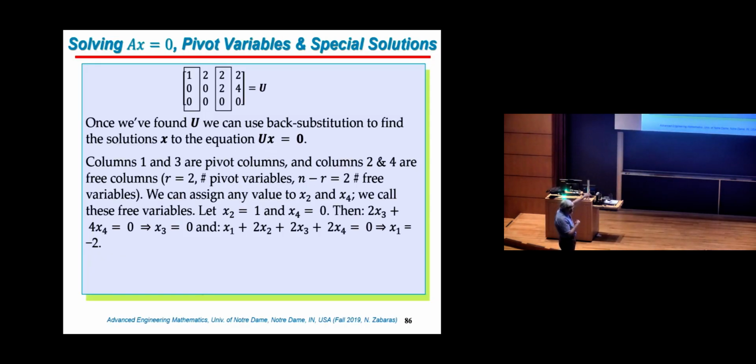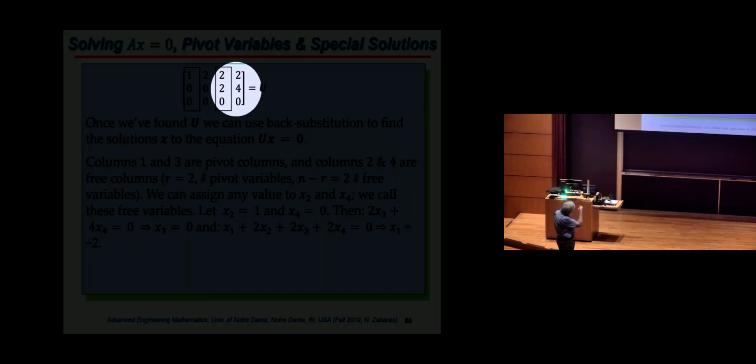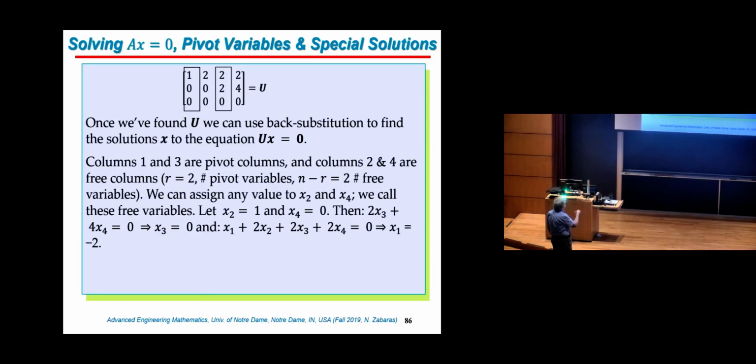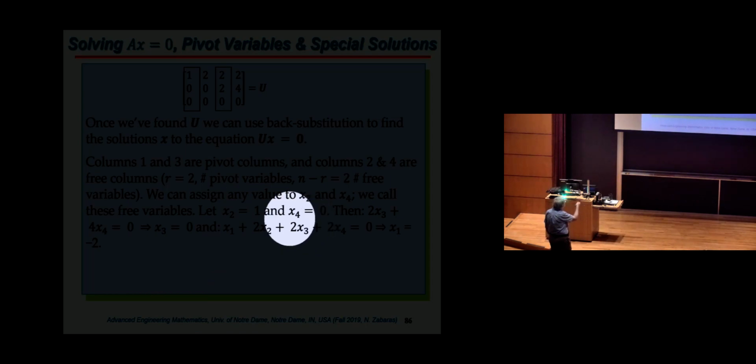We're not going to do it on this problem because we're interested in the solutions of the null space, but you can. Right? Because you eliminated the fact that there were many solutions by setting x2 and x4 to some given values. So I am going to set x2 equal to 1 and x4 equal to 0. I am going to solve Ax equal to 0. All right? So for example, if you take the second row, this will be 2 times x3 plus 4 times x4 equal to 0.